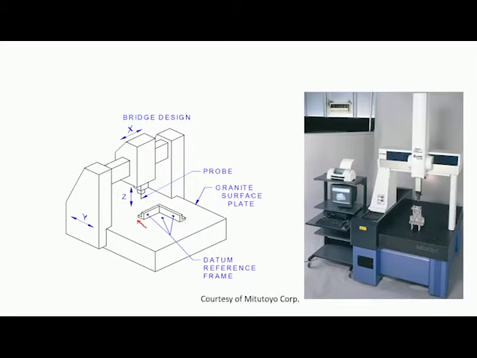So, we have a granite surface plate which will act as the primary datum surface, and we can also have secondary or tertiary reference planes as and when needed. There is a dedicated computer for analyzing the various points and to find out the geometrical form errors.